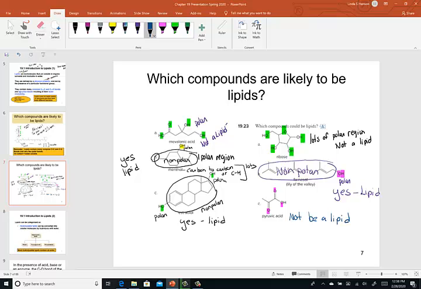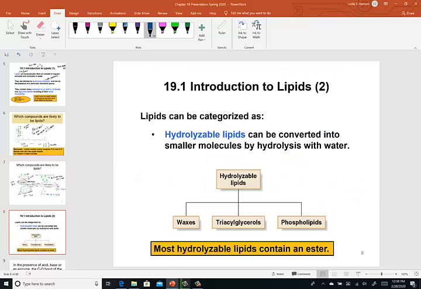Are you getting comfortable with recognizing what are lipids? I hope so. They're just boring molecules. The functional group can have some polarity, but we're looking really for a lot of boring non-polar region. Lipids are water insoluble. Now, we can classify lipids actually in two different categories.